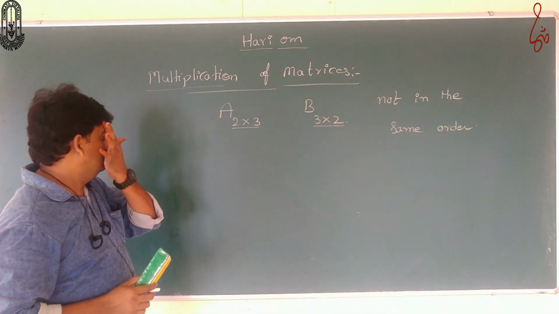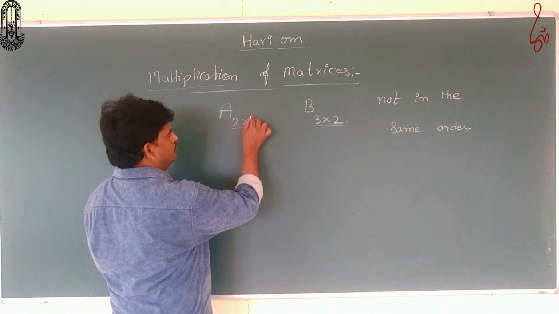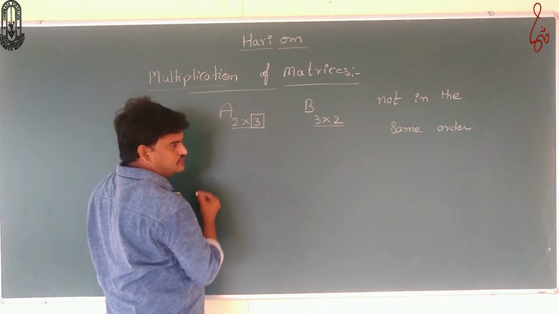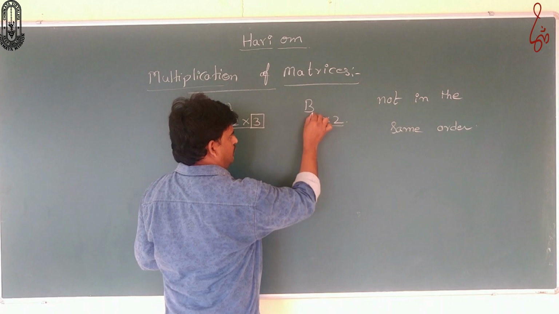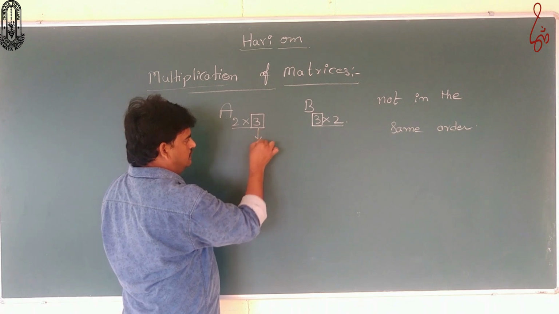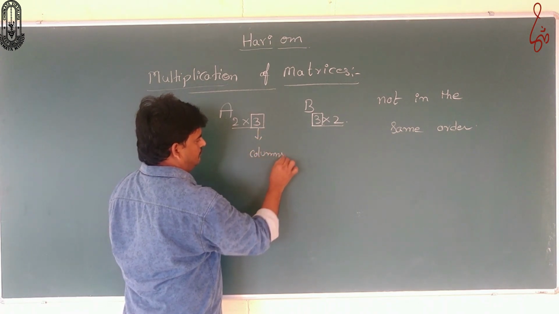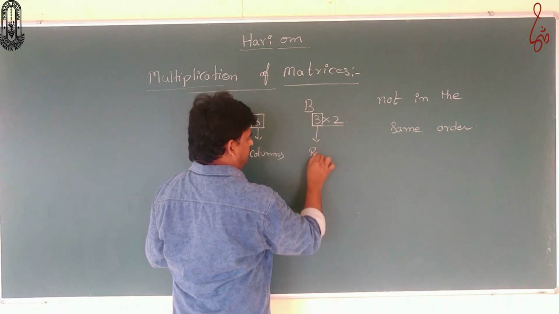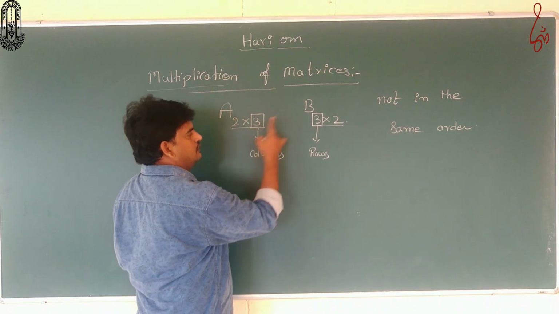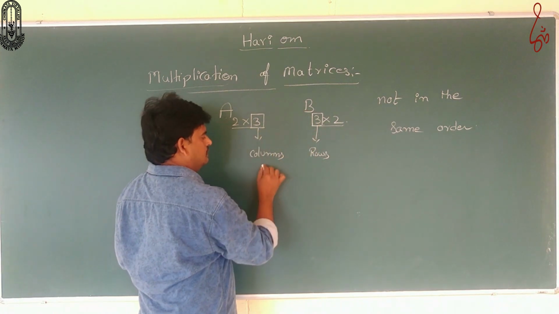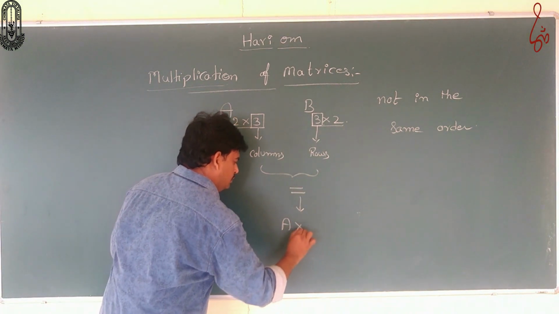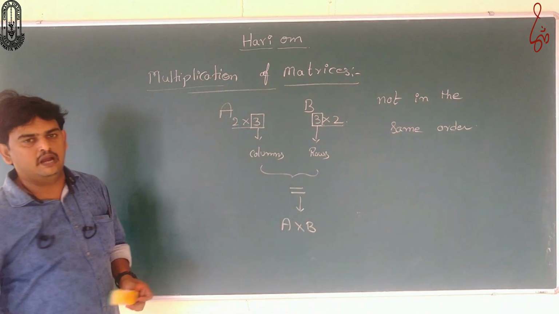Now, what is the condition? The condition we need to observe is the number of columns in the first matrix and the number of rows in the second matrix. If the number of columns in the matrix A and the number of rows in the matrix B are equal, then we are able to find the product of the matrices.